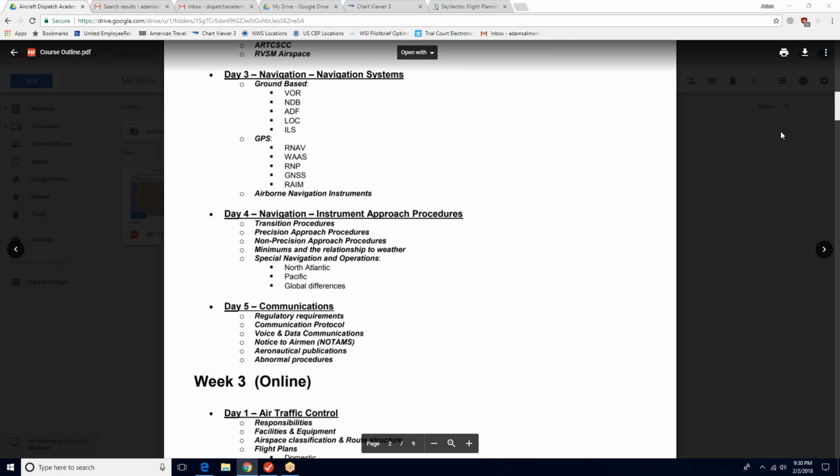So I'm just going to name the SID and STAR definitions and what they mean, and the biggest purpose is to cut down on what? Pilot and ATC workload. And what was the question for that? It's just, what is the purpose of SIDs and STARs? Okay. Thank you.